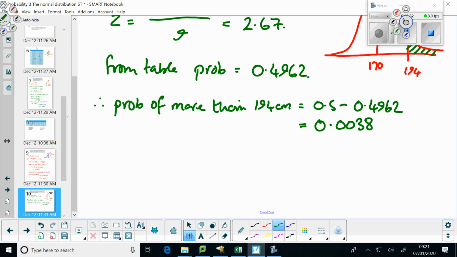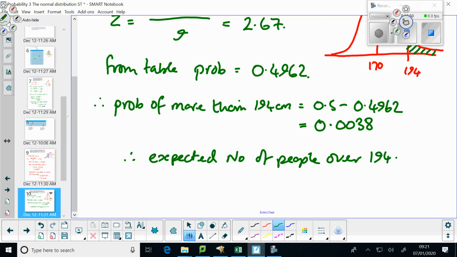Yeah, so that's the probability of someone being over 194 centimetres. Therefore, expected number over 194 centimetres equals 0.0038 times 500 equals 2 people, rounded to a whole person.